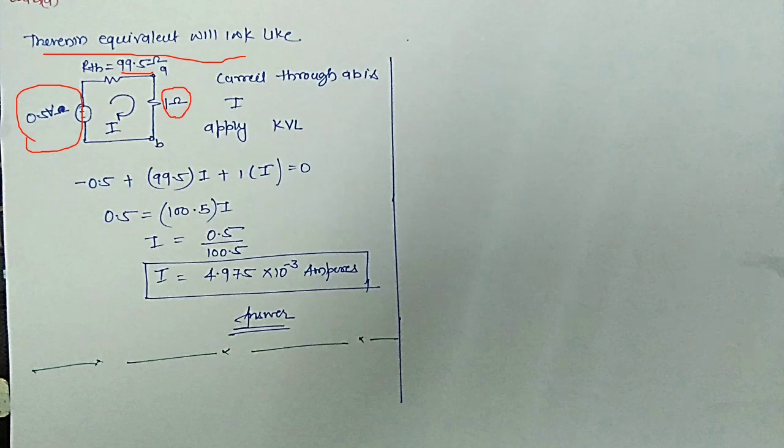Now apply simple KVL to this circuit and you will find that the current flowing is 0.5 divided by 100.5, which comes out to be 4.975 times 10 to the power minus 3. So 4.9 milliamperes is the current flowing in the galvanometer.